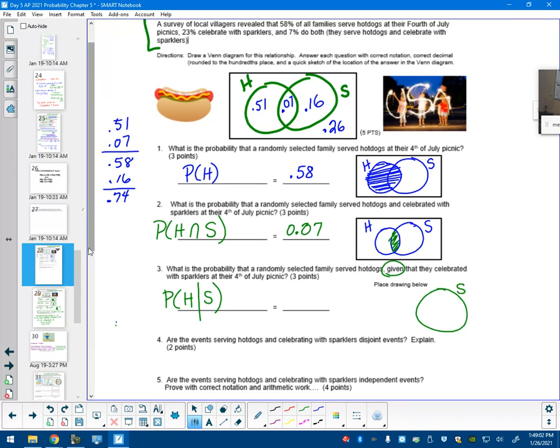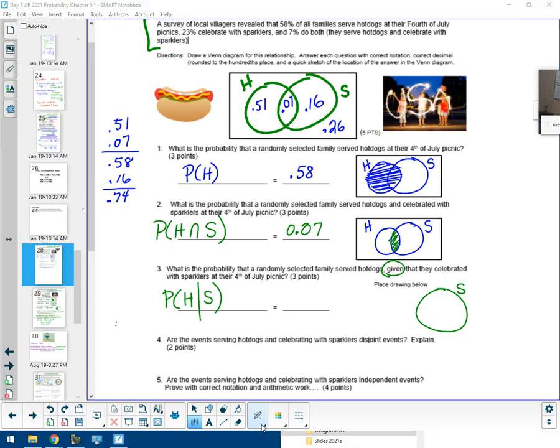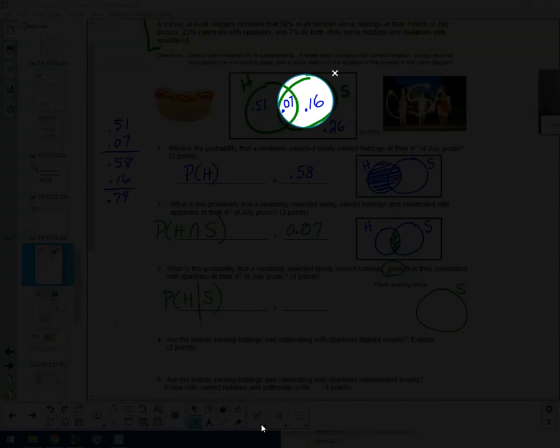So I am only interested in the people who are in the sparkler circle. What percent of families are in that sparkler circle? 23. And what piece of that circle are people who also are serving hot dogs?